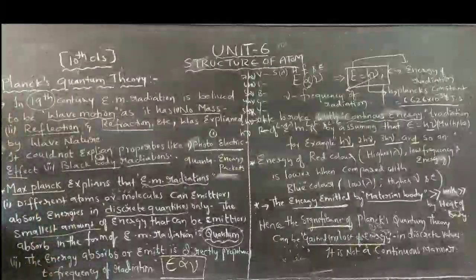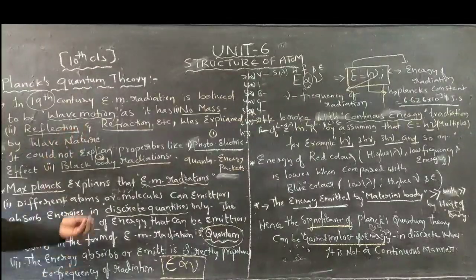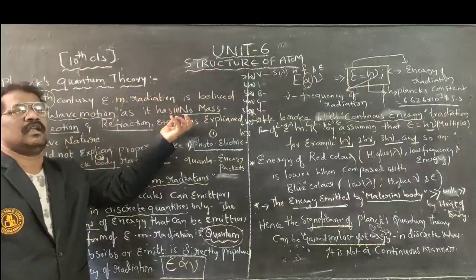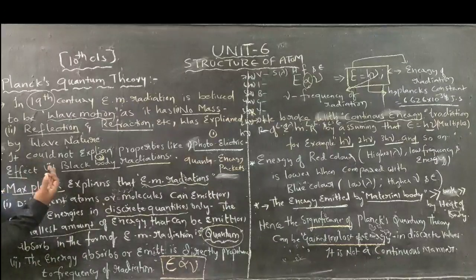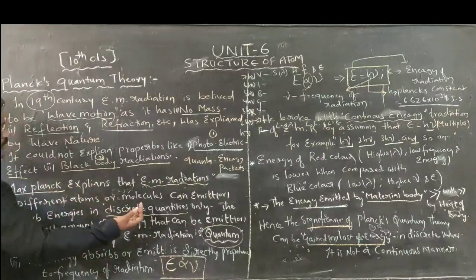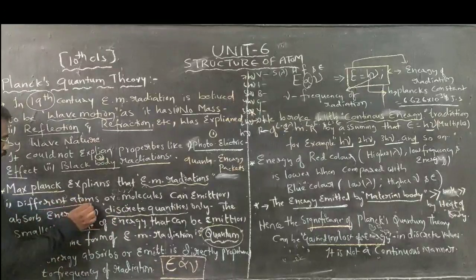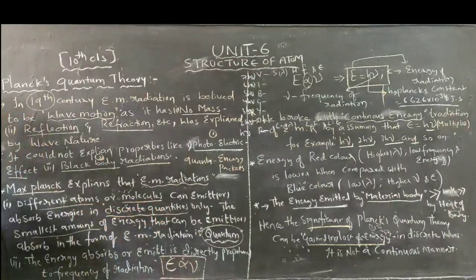Max Planck came into existence, and he wanted to give a new definition for electromagnetic radiation based upon black body radiation. What was that definition? He took different atoms and different molecules.